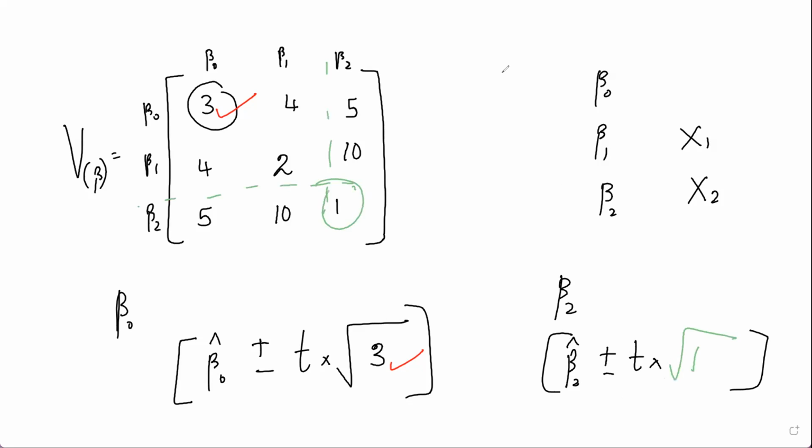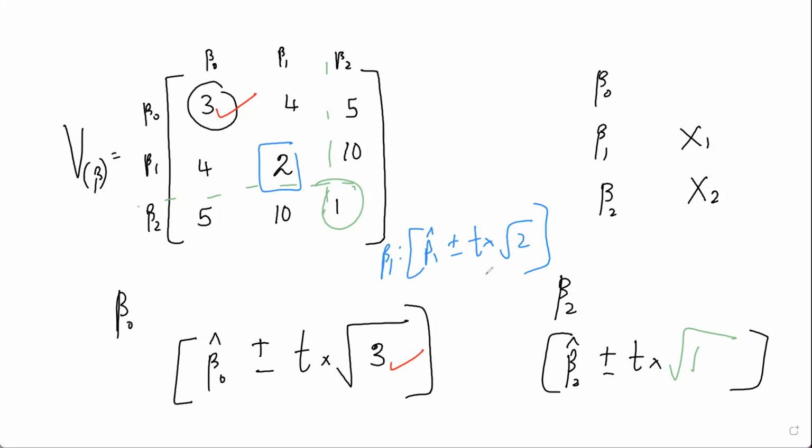If it is beta 1, beta 1 hat plus or minus that t value times this one, beta 1, beta 1. So that is how you read this variance covariance matrix in order to compute the confidence intervals.